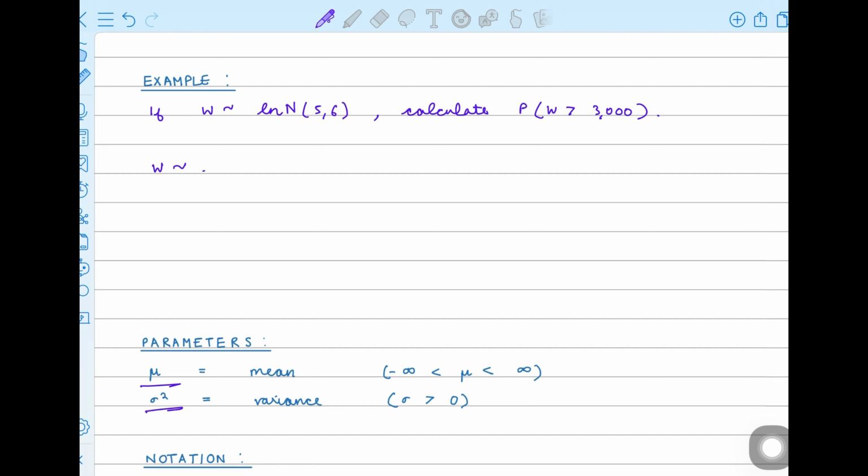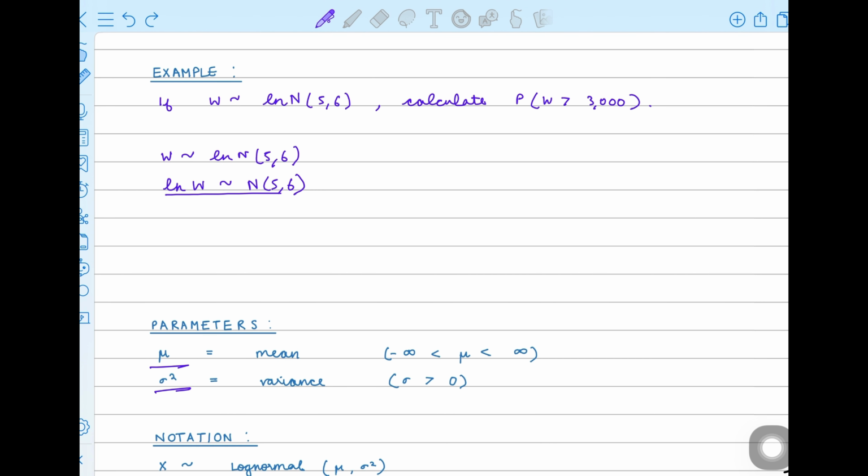If w tends to lognormal 5,6, then log w will tend to normal 5,6. We're always supposed to convert it to this form when we solve a question. To find the probability that w is greater than 3000, we do the same thing here that we did here.